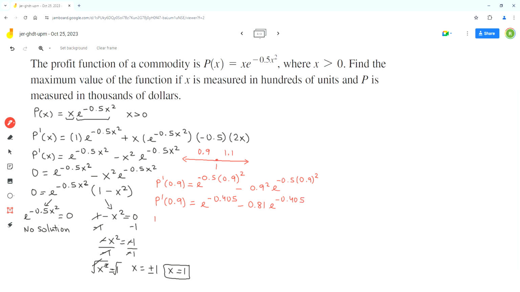Now we can evaluate the terms. So e to the power negative 0.405, I got 0.667, minus the 0.81 times 0.667. Now we can evaluate this expression.